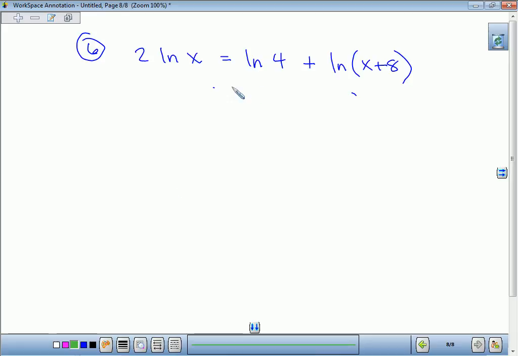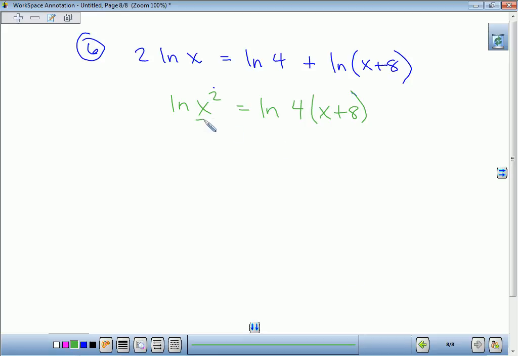In this case, the only thing we can do with the left side is take that 2 and let it become an exponent. Now the right side, we have addition of logs, so we can rewrite that as multiplication.